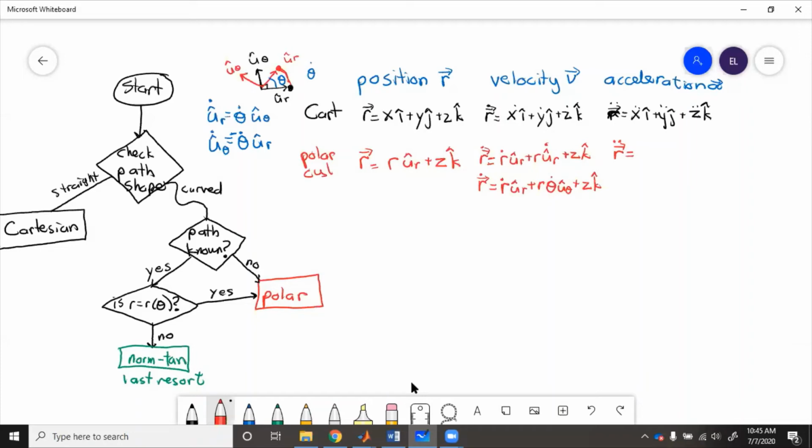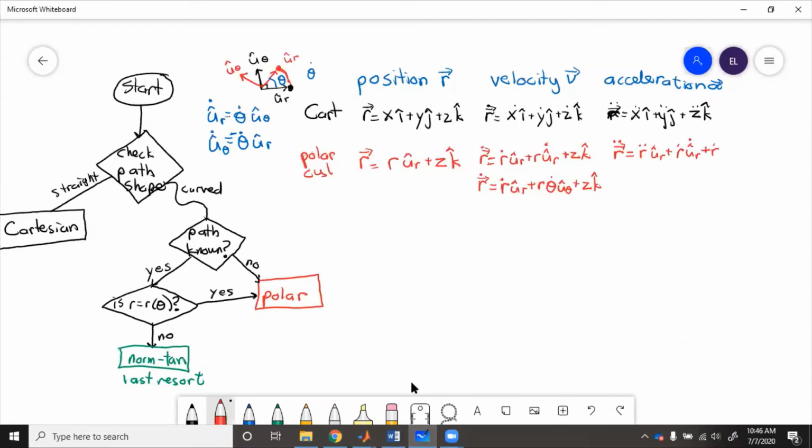so looking at this, we'll have to use chain rule and product rule in here. And we use another product rule here. So for this one, we'll have r double dot u_r plus r dot u_r dot, and then add this one. And this is a triple product rule.